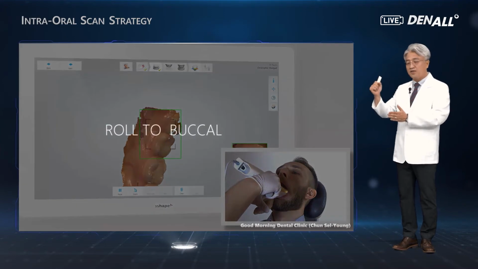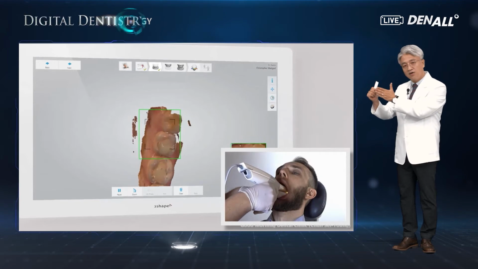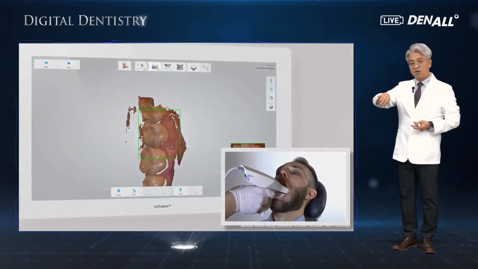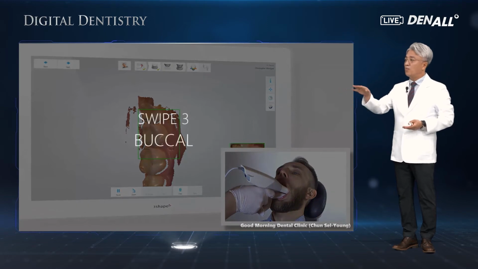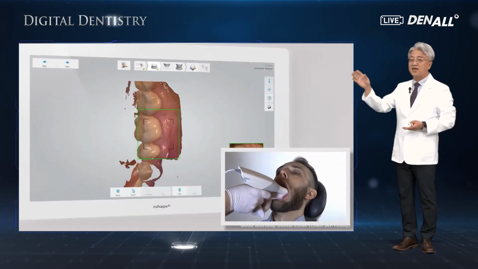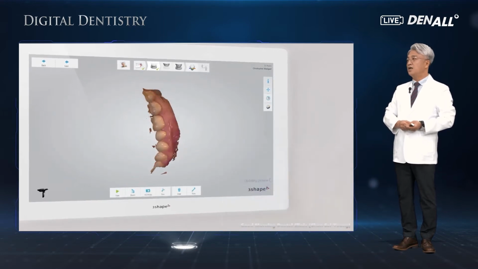For the lingual scanning, run the scanner in parallel, closer to the inside of the teeth. When you reach the most posterior region, move to the buccal side. Move slowly, even slower, when cornering, then move in a straight line.